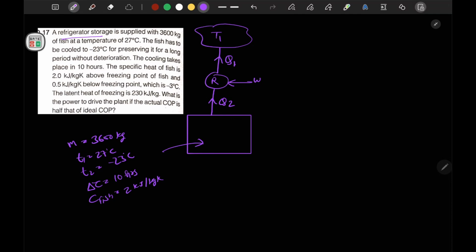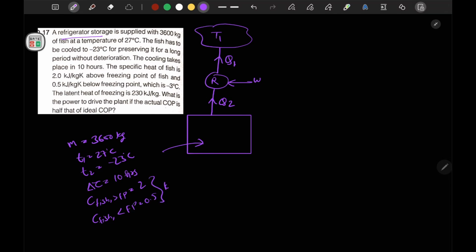Now the next point, above the freezing point. So C of fish above freezing point is equal to 2, and C of fish below freezing point is given as 0.5.